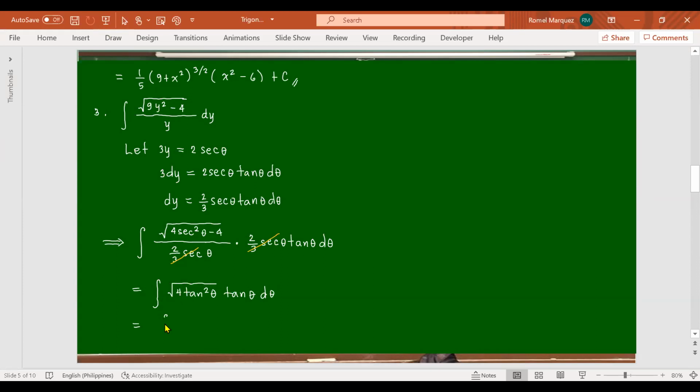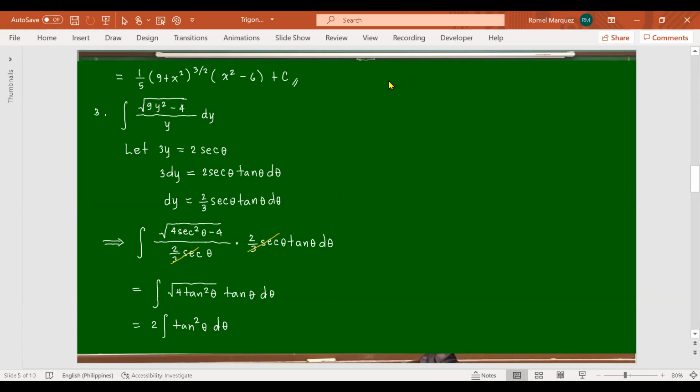the integral of the square root of these 2 tangents, tangent theta times tangent theta, that is tangent squared theta, d theta. So this is a simple transformation, this takes the form of tangent to the n.